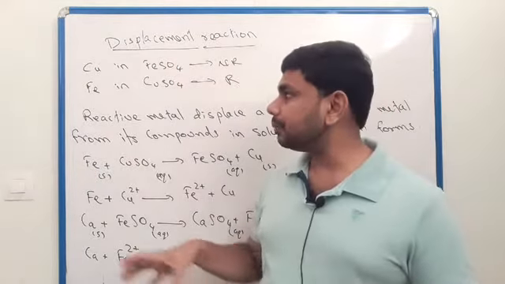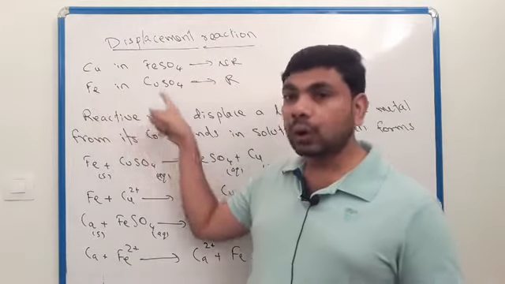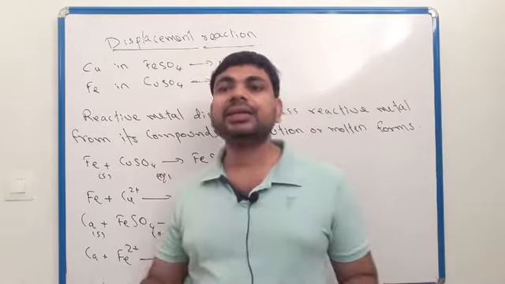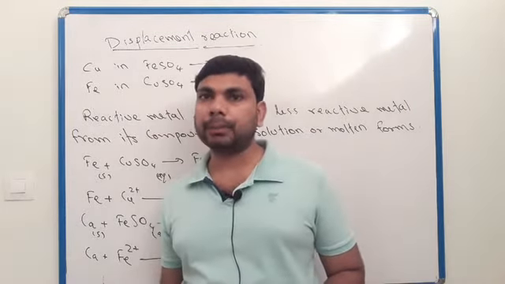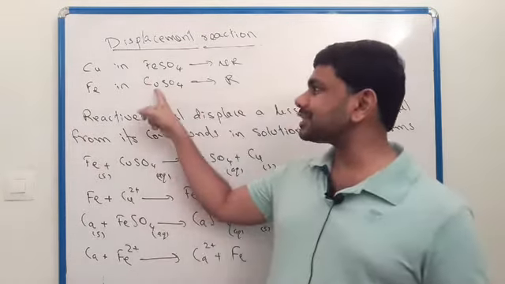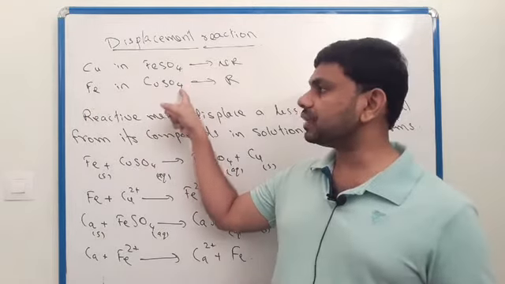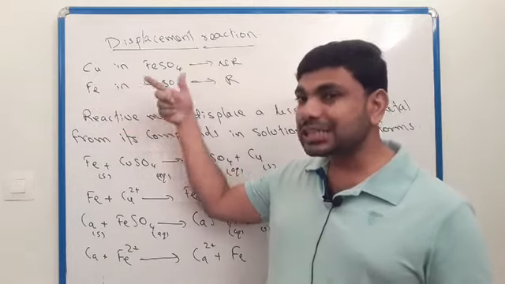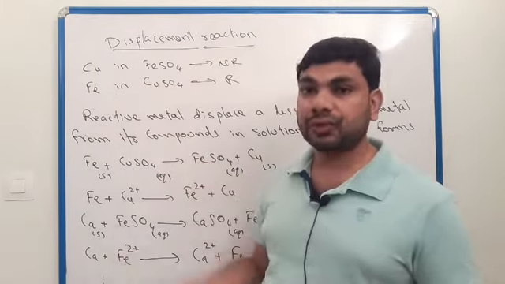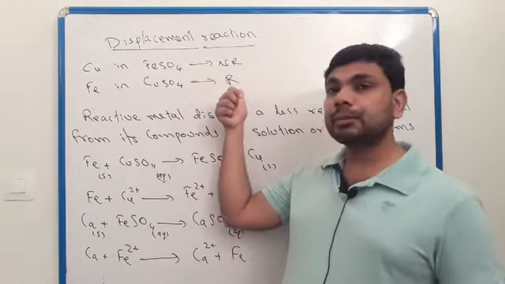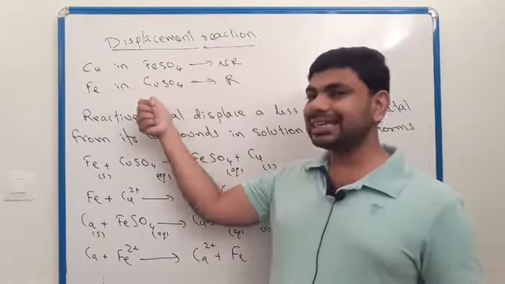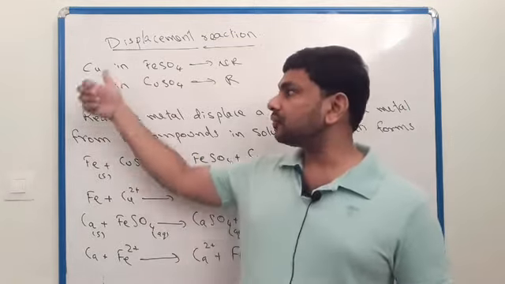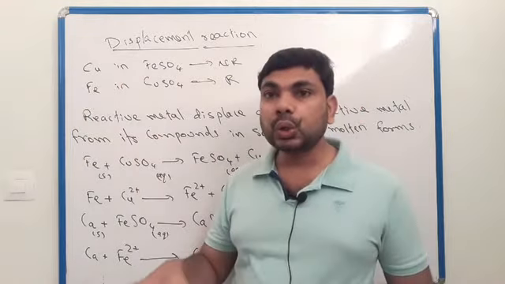But when you put iron in copper sulfate solution, iron is more reactive than copper, so iron will displace copper from copper sulfate solution. Iron will displace copper from copper sulfate solution, and there is a chemical reaction. In the second case there is a chemical reaction. In the first case there is no chemical reaction.